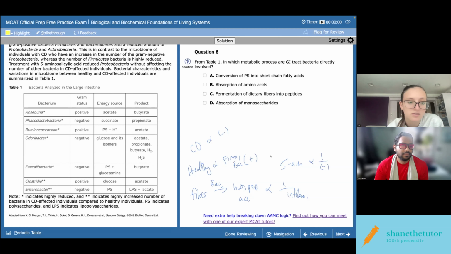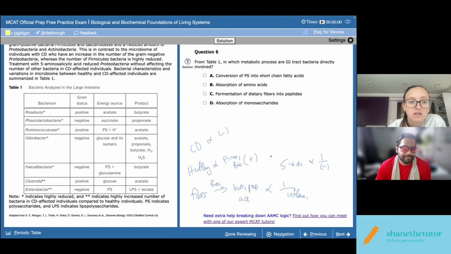I don't think it has anything to do with the absorption of amino acids, because the only time amino acids came up in the passage was the 5 amino salicylic acid. PS is polysaccharides, right?